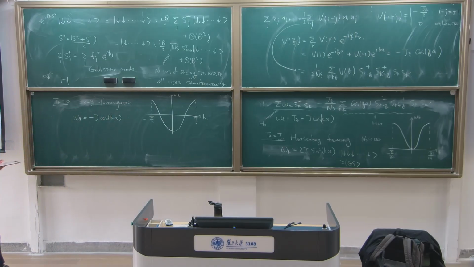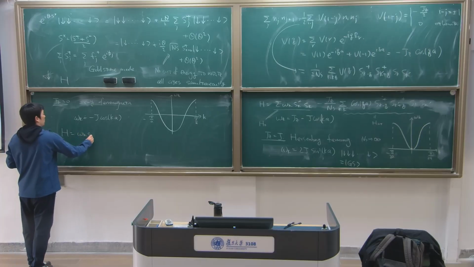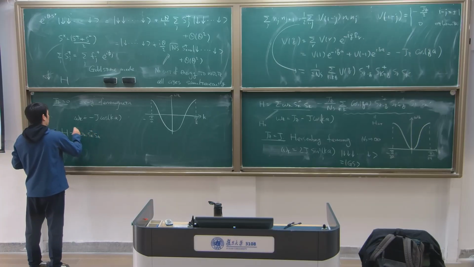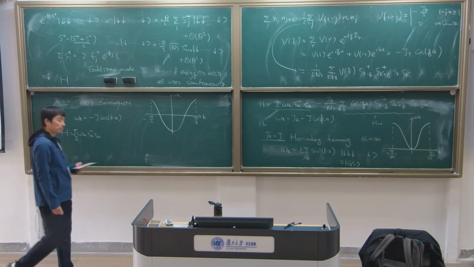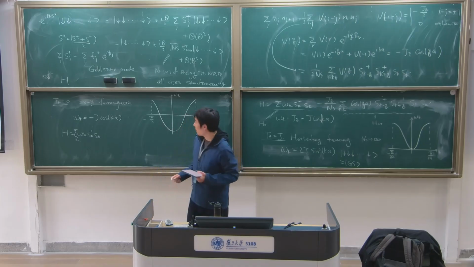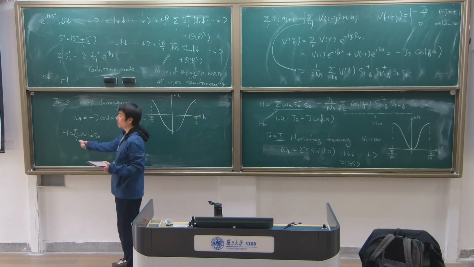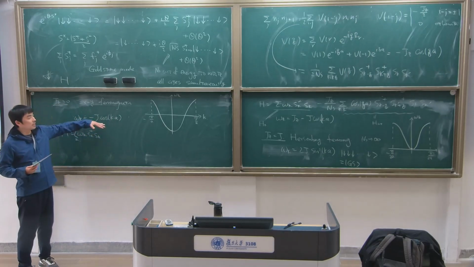So now, to make the Hamiltonian's ground state, you only take the quantities that are negative.